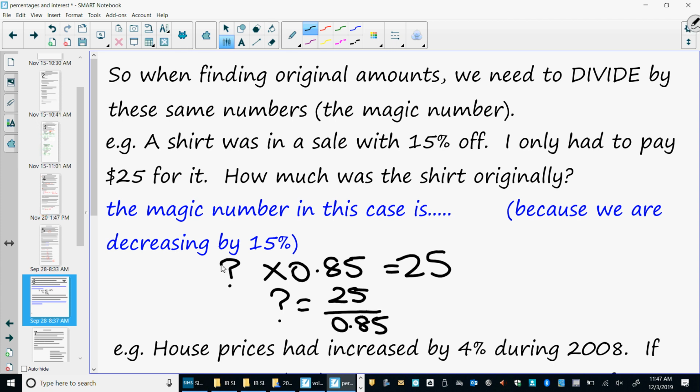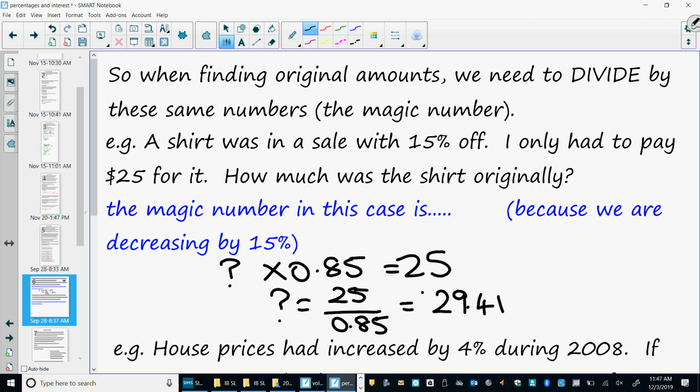Now, some people might say, how on earth is that going to give us the number we're looking for? Well, you're dividing by a number smaller than 1, which means your value is going to be bigger. So when you do that on the calculator, 29.4 recurring.